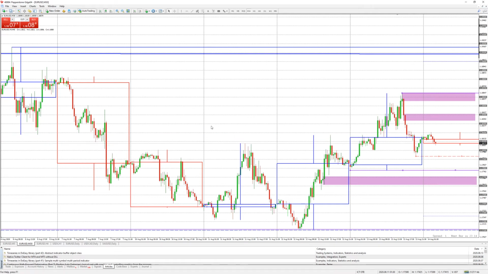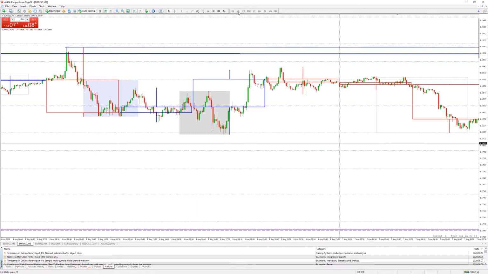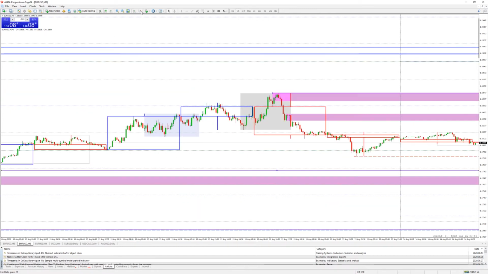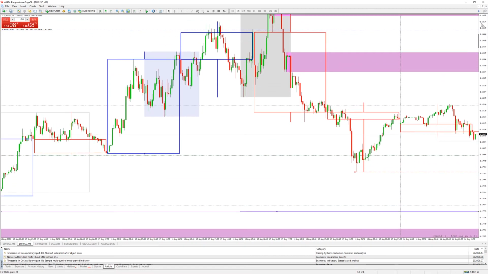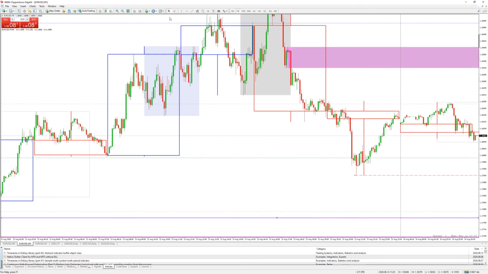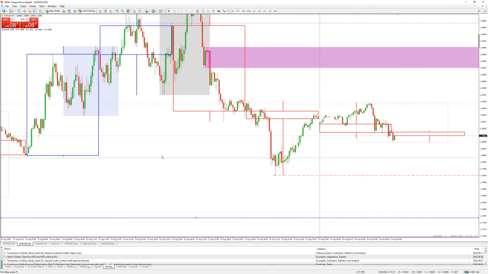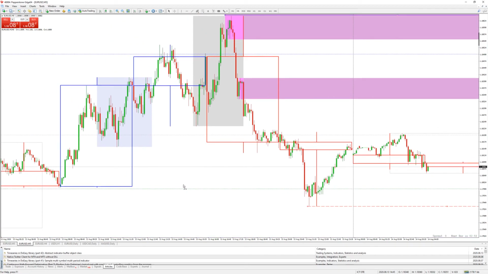When you do that for the day, you can also do that for the 4 hour. Do not go any lower than that, because then the turning points become too weak, and basically you get a lot of bad trades. So just do the 4 hour and the 1 day.